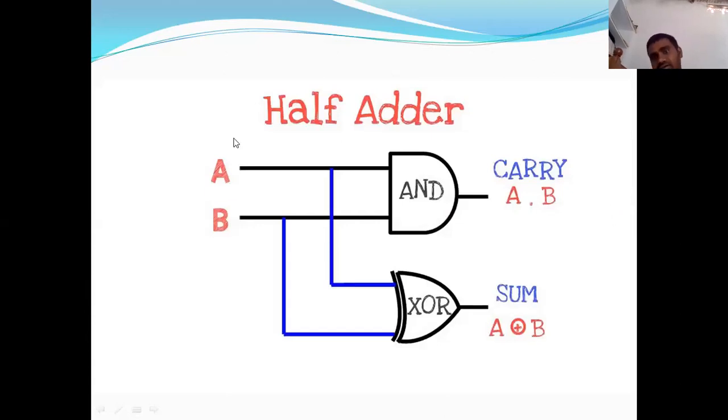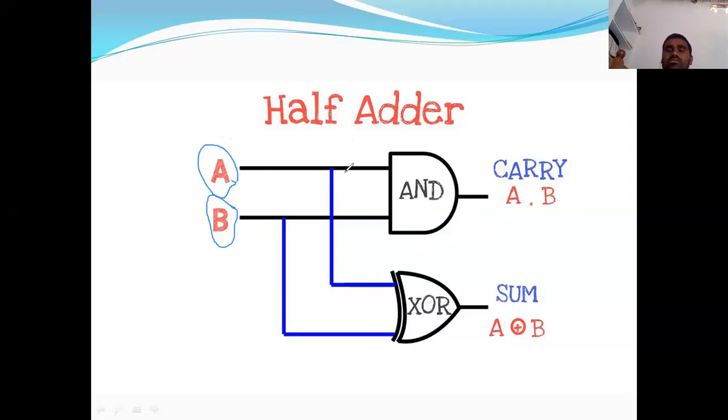So this is the block diagram of half adder. In this half adder, we have inputs A and B. So here we have two inputs, and next we have one AND gate.